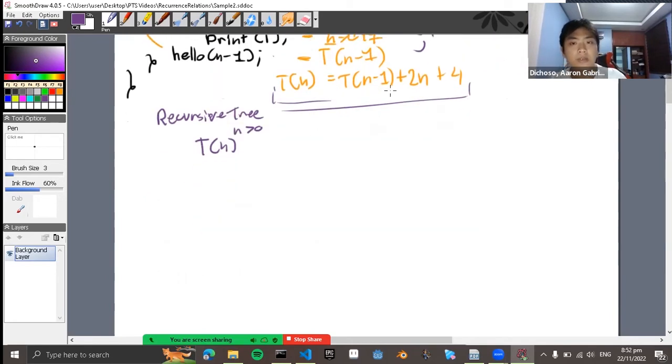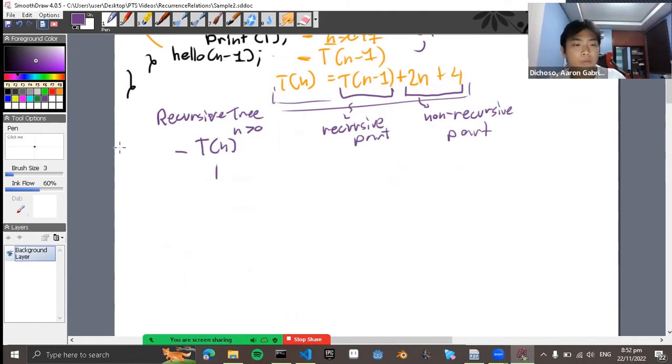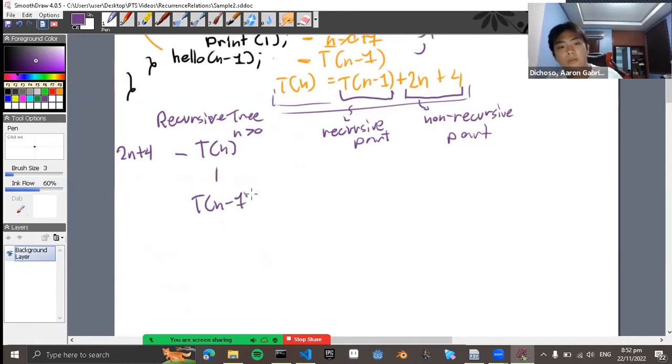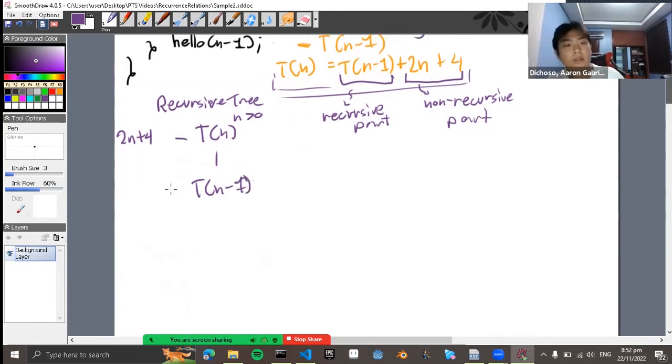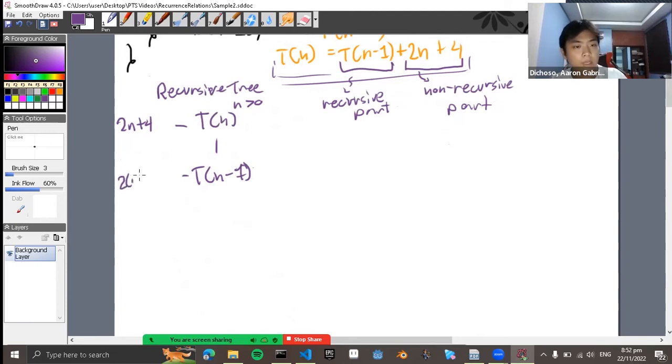Now, let's try out the recursive tree. So T of n would give out two parts. Ito, the non-recursive part. We'll take a non-recursive part. And here, we would call this the recursive part. So using the recursive tree, we would separate it into those two parts. So my 2n plus 4 here, then T of n minus 1. Continuing on, this would give out T of n minus 1 plus 4 and T of n minus 2.